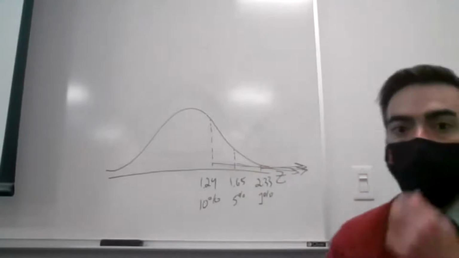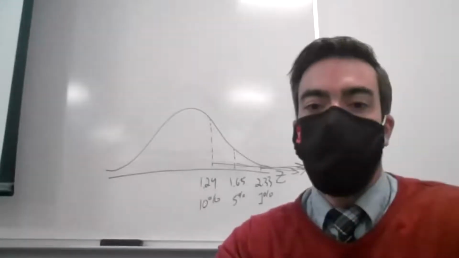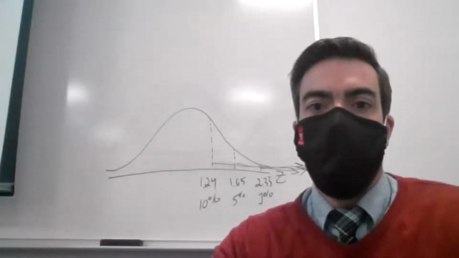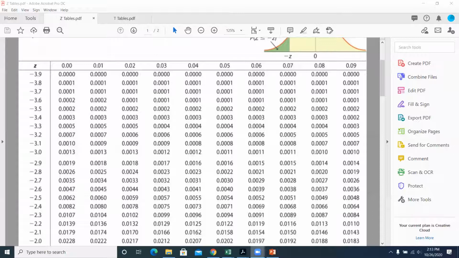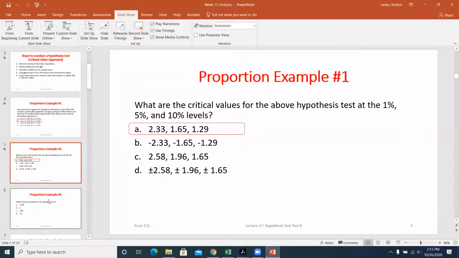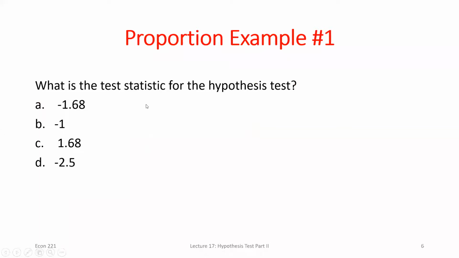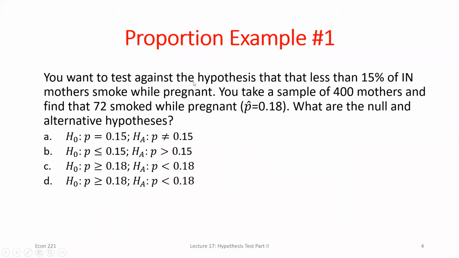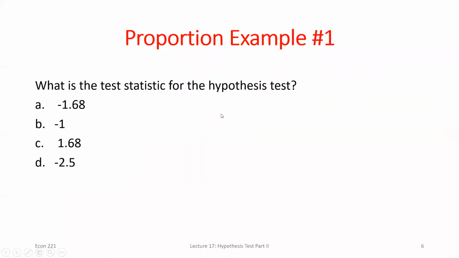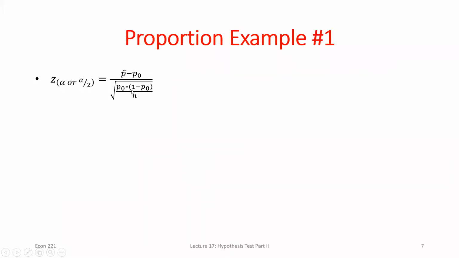Okay. Well, now we need to know, is the sample evidence we found going to translate to a test statistic that is in my rejection region? So if I ask what the test statistic of this problem was, we go back. If we remember from last class, we had an equation for the test statistic.